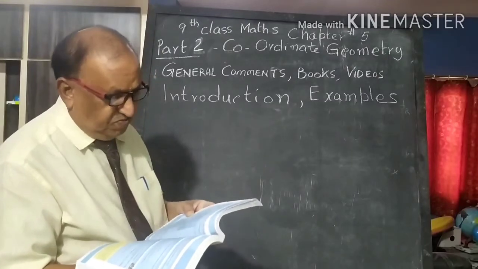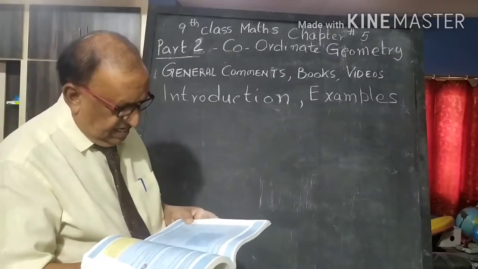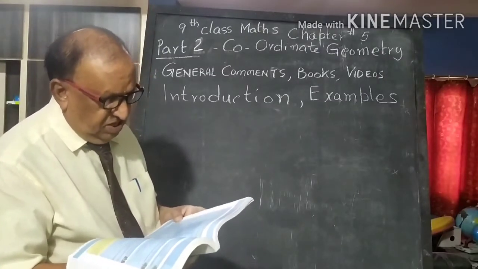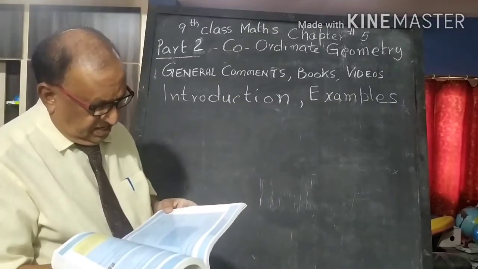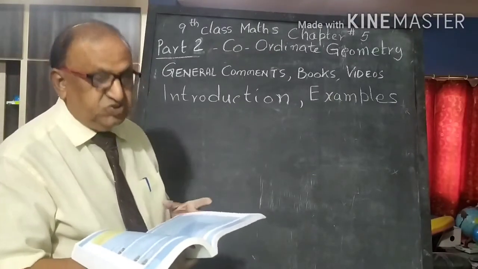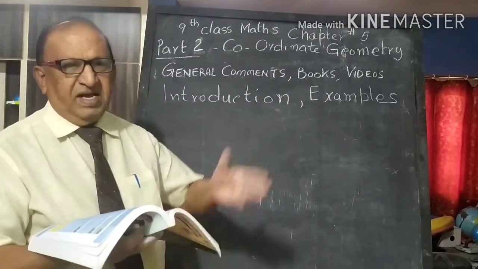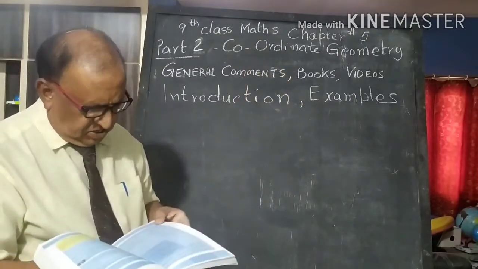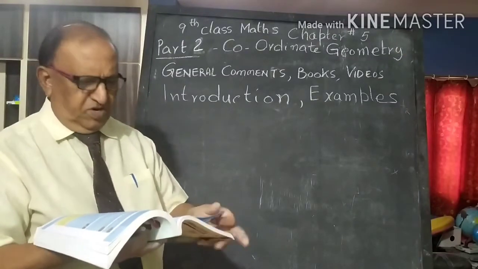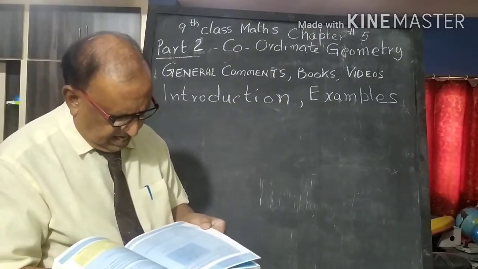So here in this exercise, he asks you to plot the points, and then join adjacent points. You have to join all the points in an order and find out what shape you get.